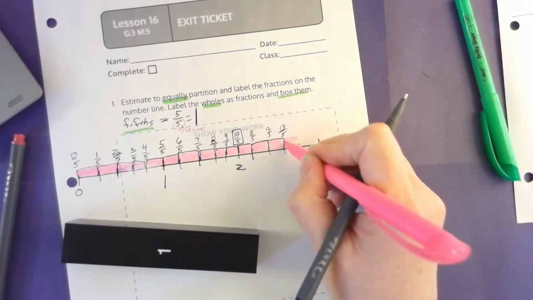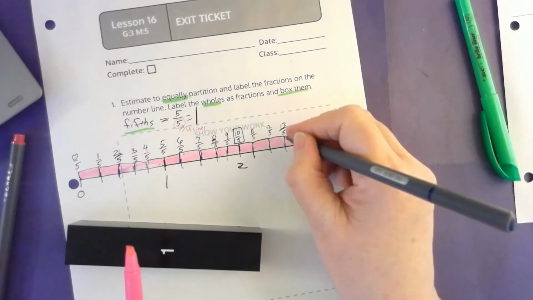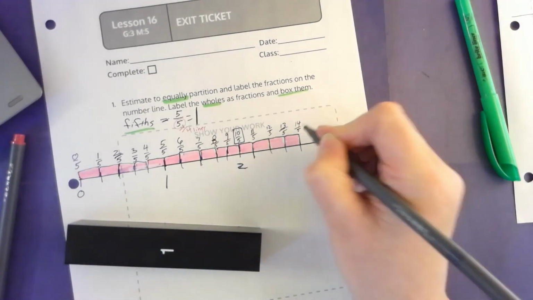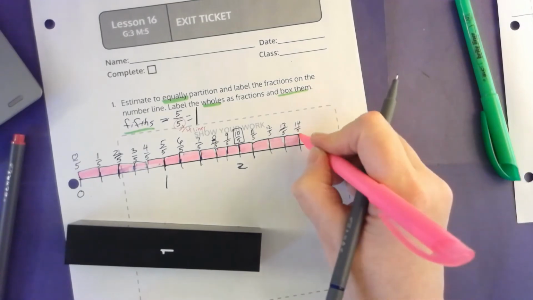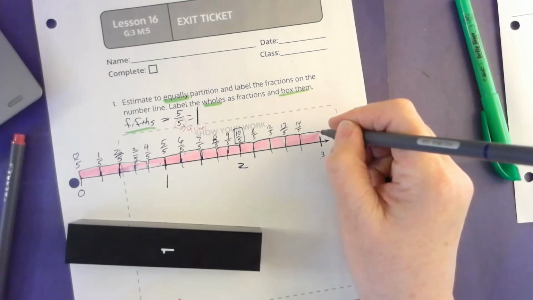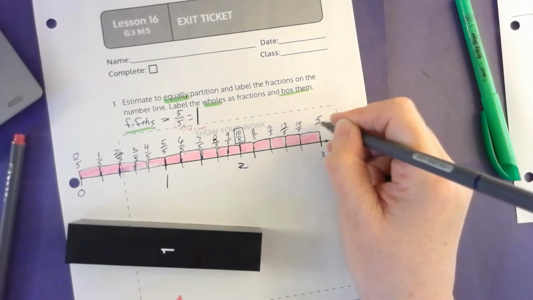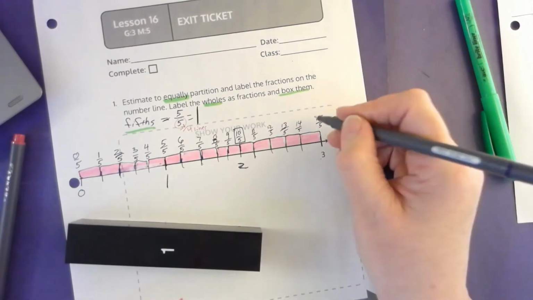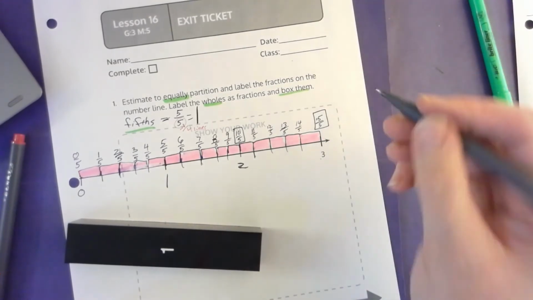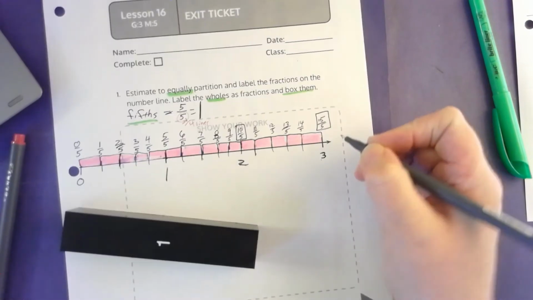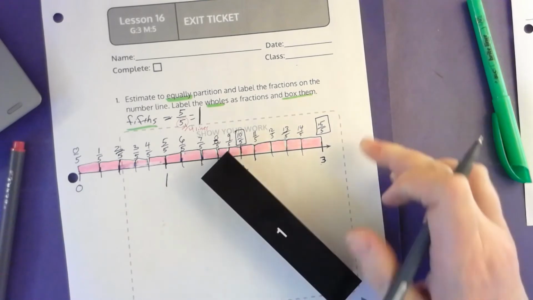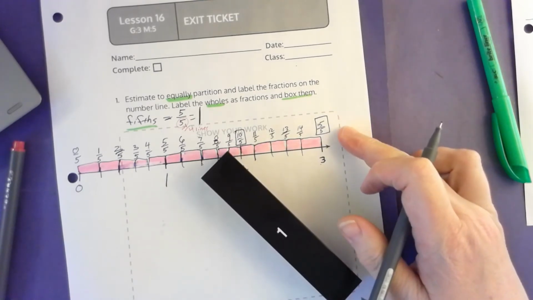I'm going to keep adding these pink blocks. That's 14 over 5. And one more block right here. And that's 15 over 5. Another way to write 3 is 15 over 5. 3 wholes. Okay? So that would be, if I had 3 of these, it would equal 15 over 5.